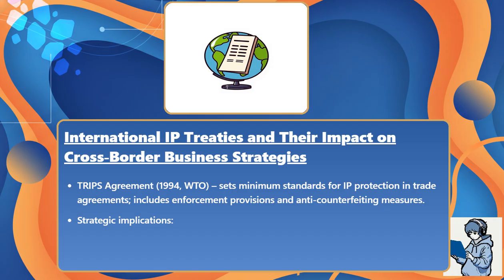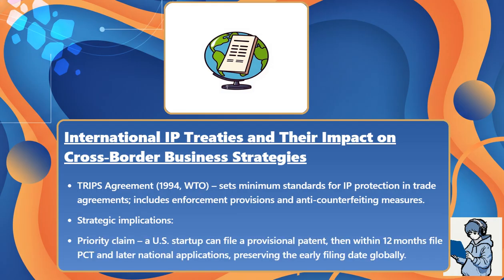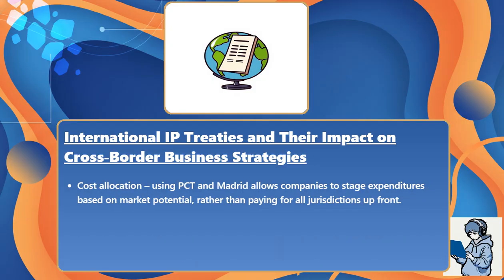Strategic implications. Priority claim. A United States startup can file a provisional patent, then within 12 months file PCT and later national applications, preserving the early filing date globally. Cost allocation. Using PCT and Madrid allows companies to stage expenditures based on market potential, rather than paying for all jurisdictions up front.